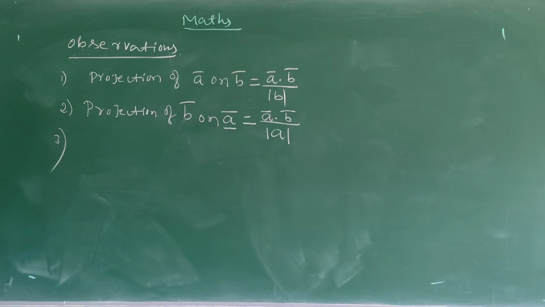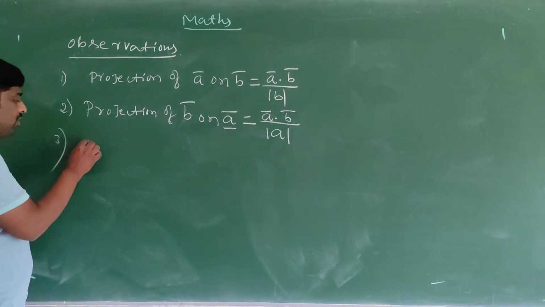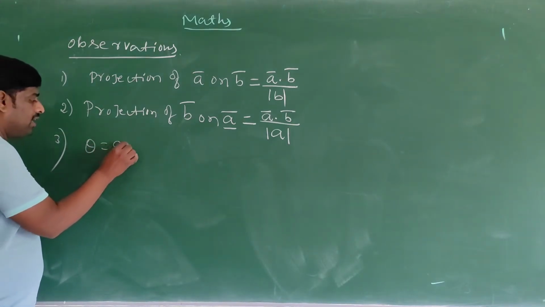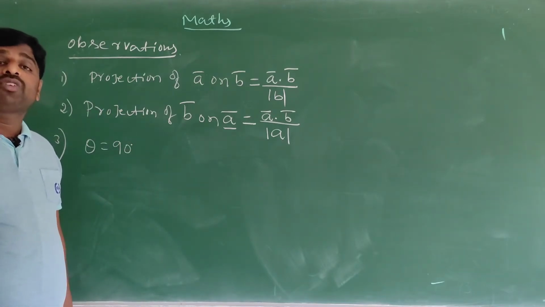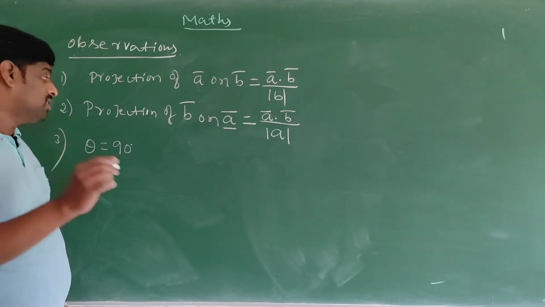Next, if theta is equal to 90 degrees, the projection of AB bar is 0.